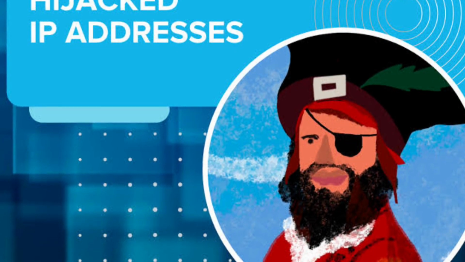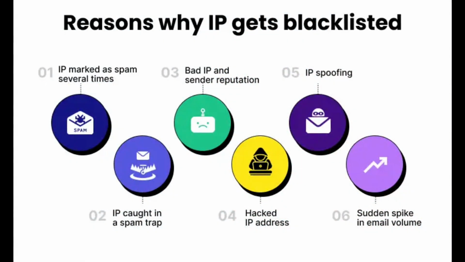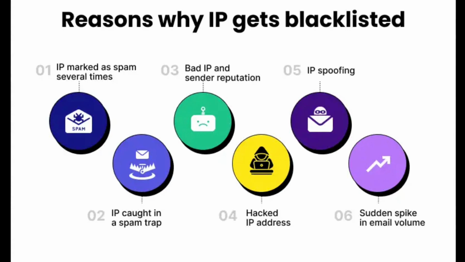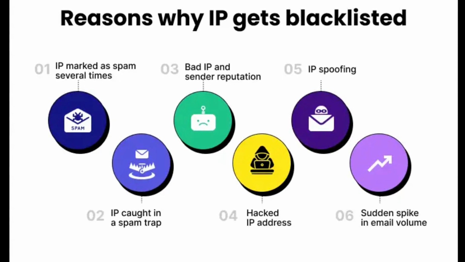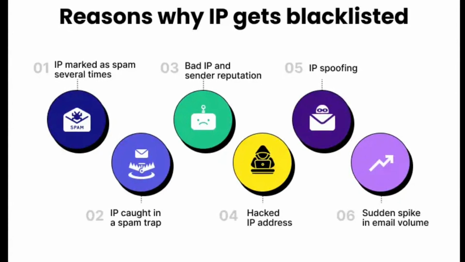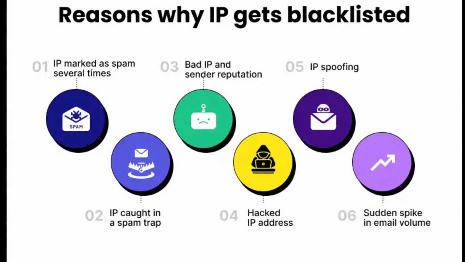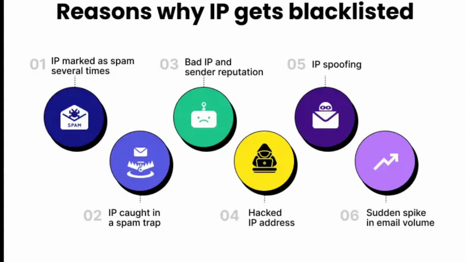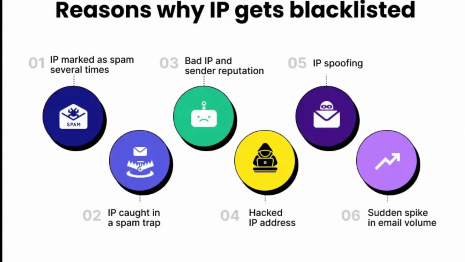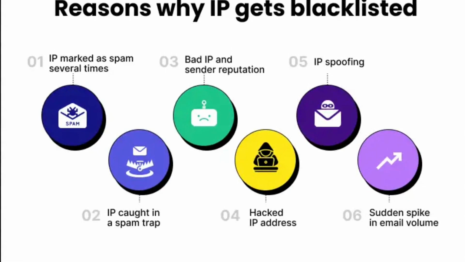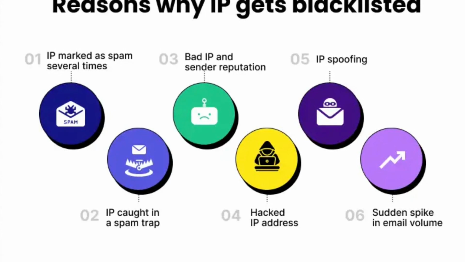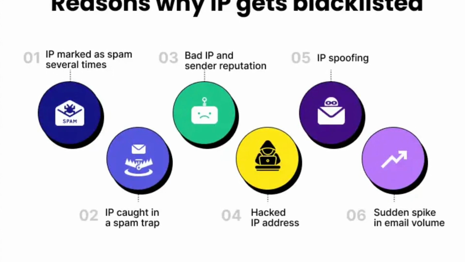Blacklisting. An IP address can be blacklisted if it is associated with malicious activity, such as spamming, malware distribution, or hacking attempts. If an IP address is blacklisted, it can result in restricted access to certain services, reduced email deliverability, or disruption to a network.